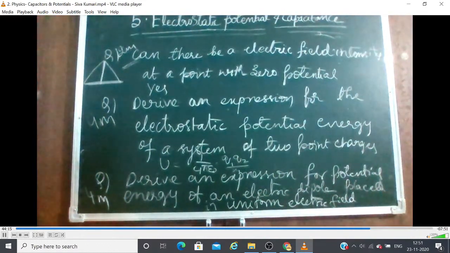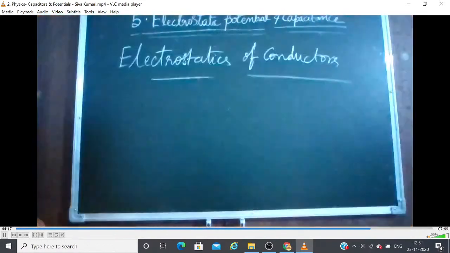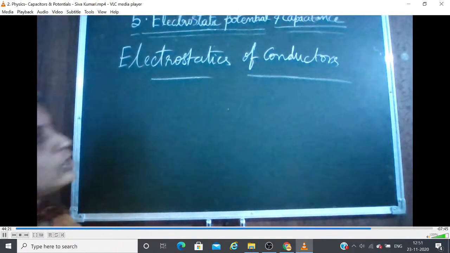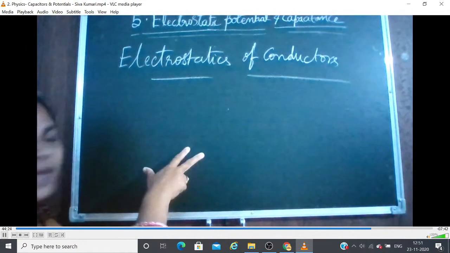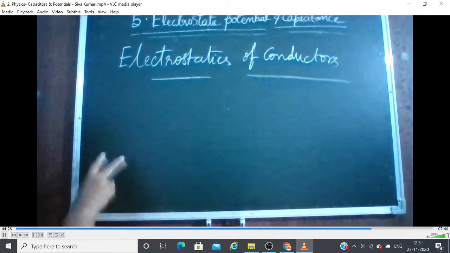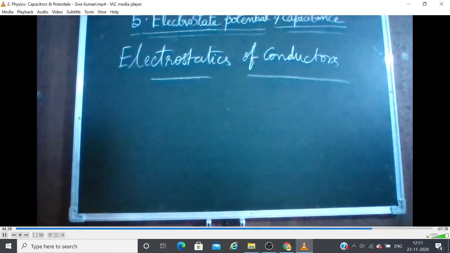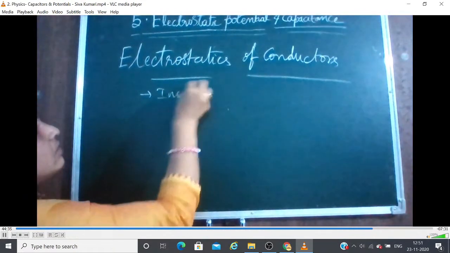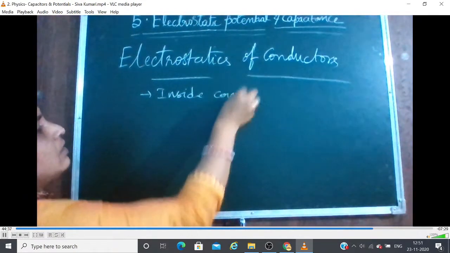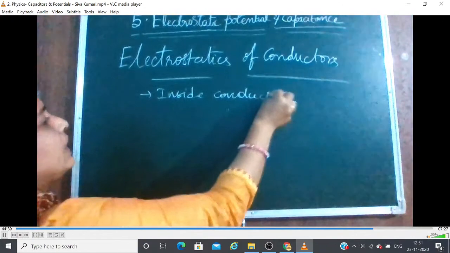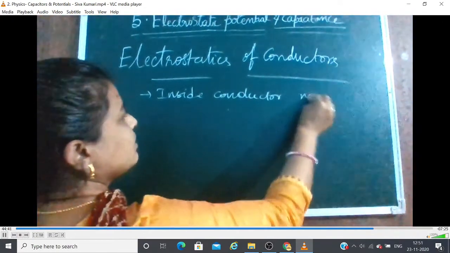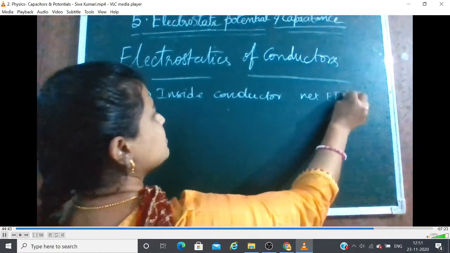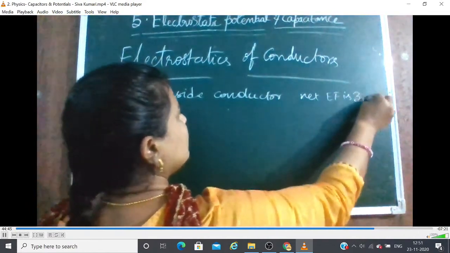And also the next topic, students, electrostatics of conductors, is a very, very important topic. In this you will have about 6 topics, including this electrostatics of conductors. Inside the conductor, the net electric field is zero.